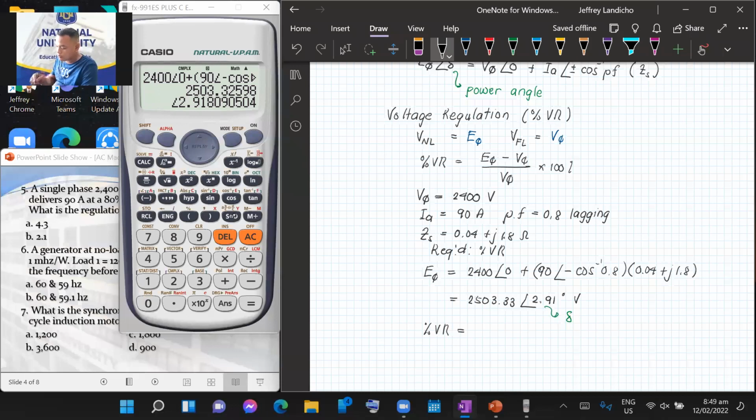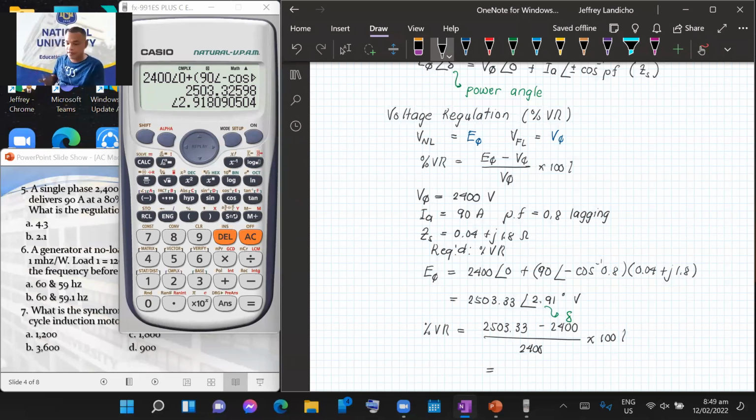Therefore, we get our percent voltage regulation. It should be equal to 2503.33 minus 2,400, divided by 2,400, times 100%.